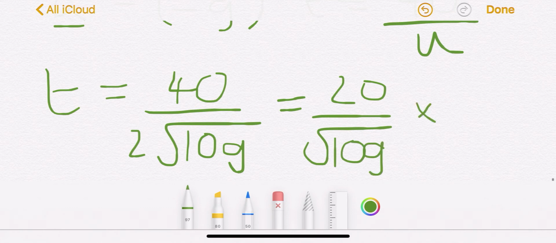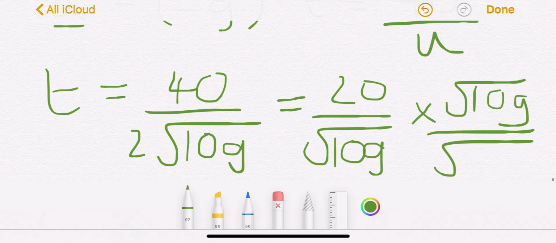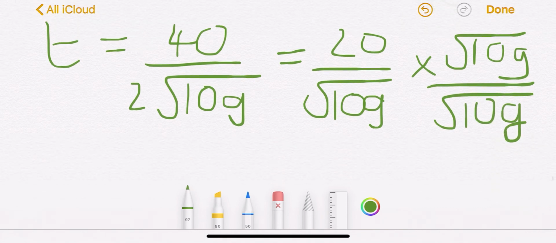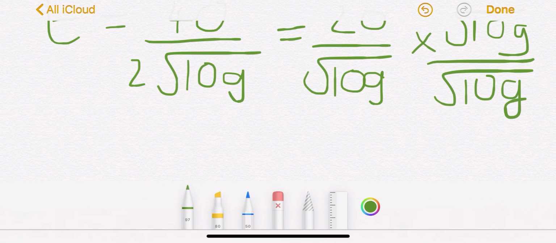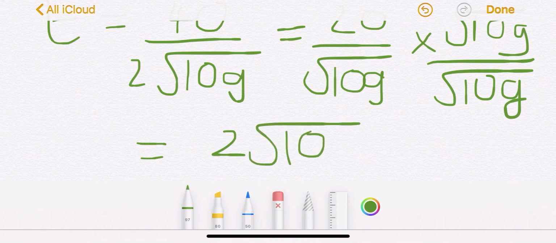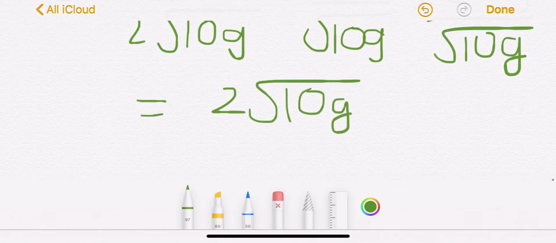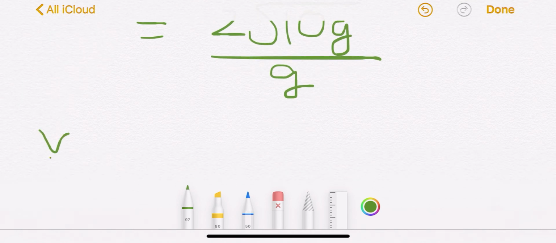Let's rationalise that. That is times by root 10g over root 10g, which gives us 20 root 10g over 10g. Well, 20 divided by 10 is 2. That is 2 root 10g all over g.